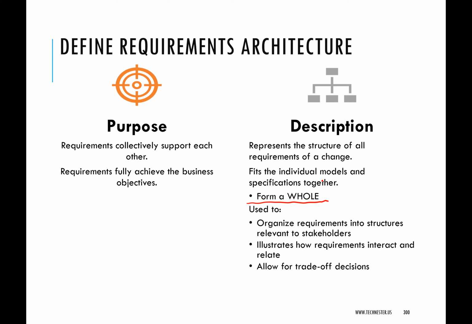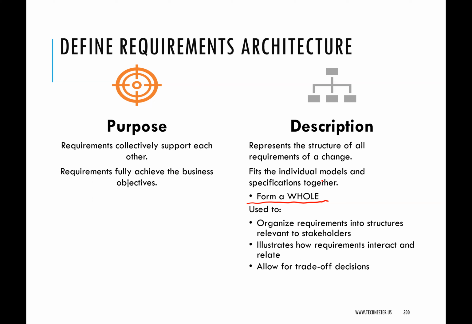So, okay, let me put my context diagram and my mind map together in this slide, because that's what I'm going to be showing this group of stakeholders. So that your requirements architecture also helps you create those subgroups of requirements or models that you want to show different stakeholders.